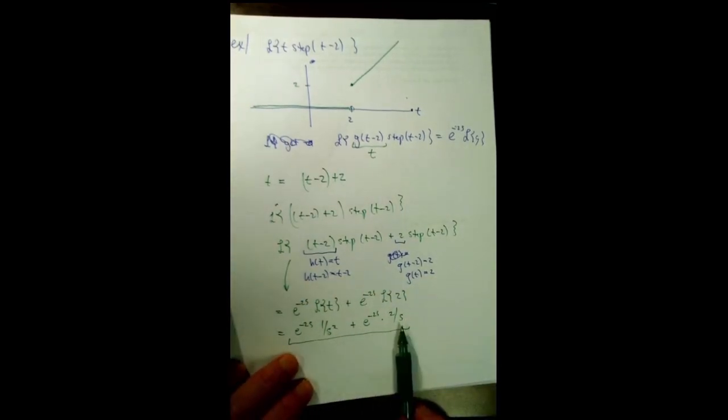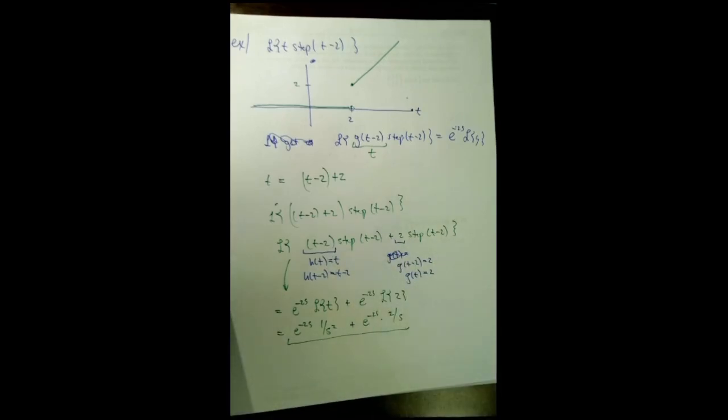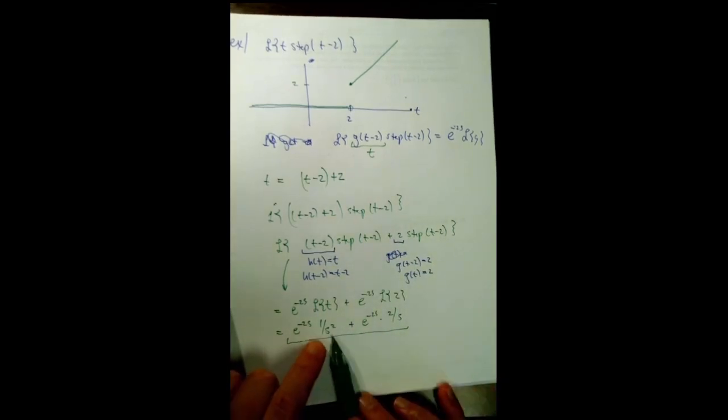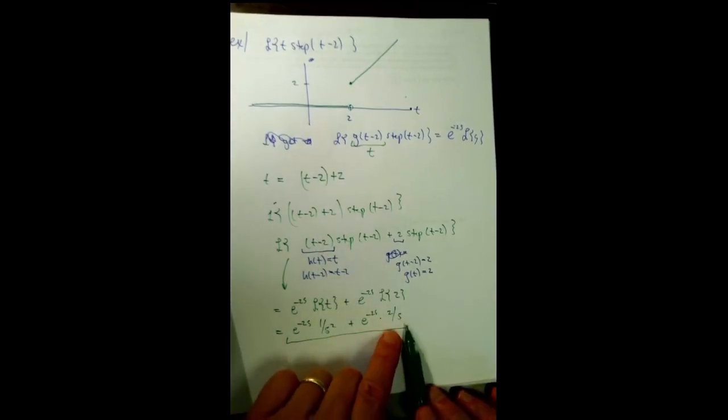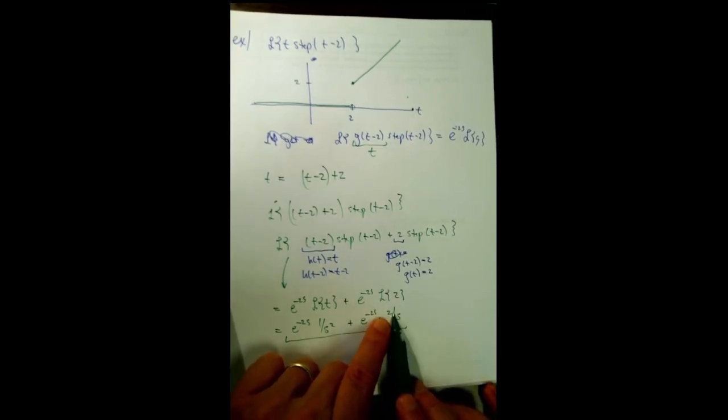So I can immediately see then that if I had a function whose Laplace transform is this, I can write this as the sum of two step functions, where this is g of t is t, but I'm going to have to evaluate it at t minus 2, and this is h, this is the function equal to a constant, and that constant is equal to 2.